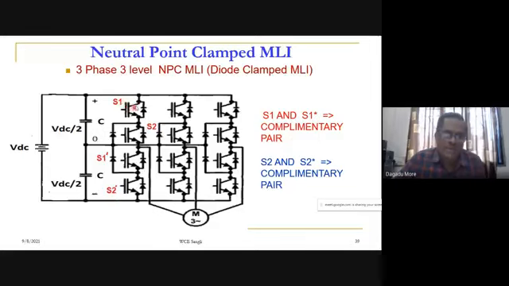So here we have the upper device and the third device. S1 and S1 star or S1 dash, these two devices will form a complementary pair. Similarly, here S2 and S2 dash will form a complementary pair.